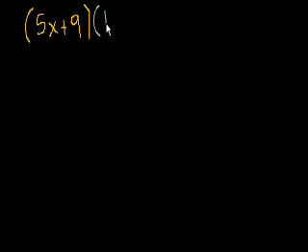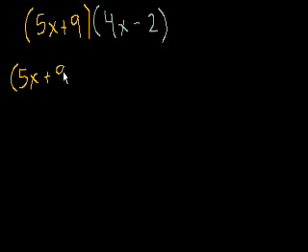Let's say I had 5x plus 9 times 4x minus 2. Well, once again, that equals 5x plus 9, I'm just distributing it.